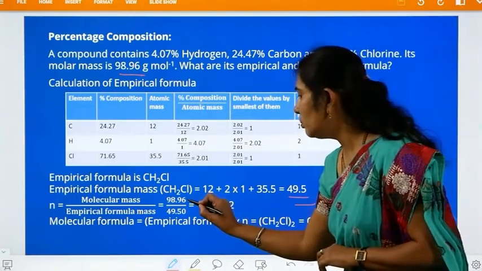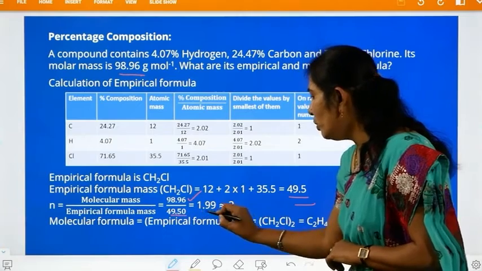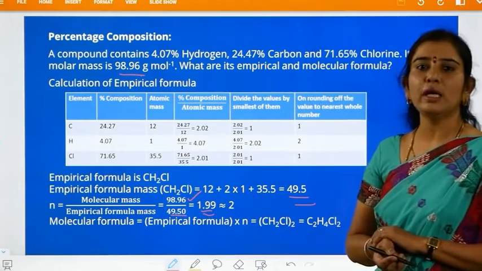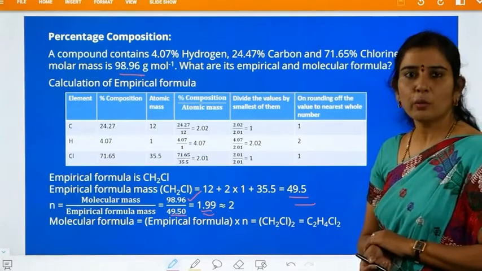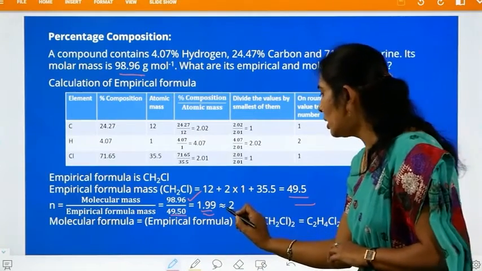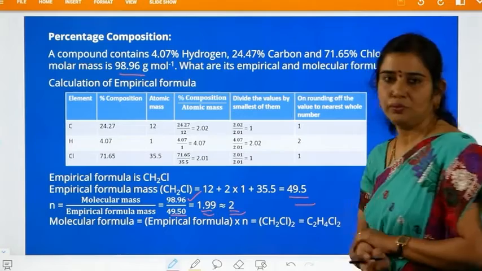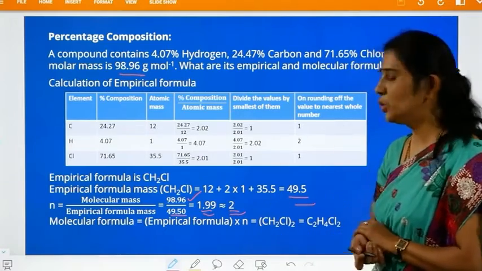If you divide the molecular mass by the empirical formula mass, you will get a value of 1.99. It cannot be a fraction, so n cannot be a fraction. You can round it up, approximate to 2. So, n here we got is 2.